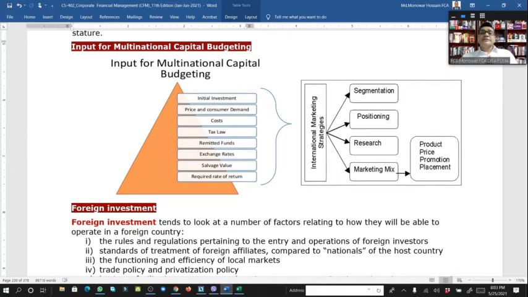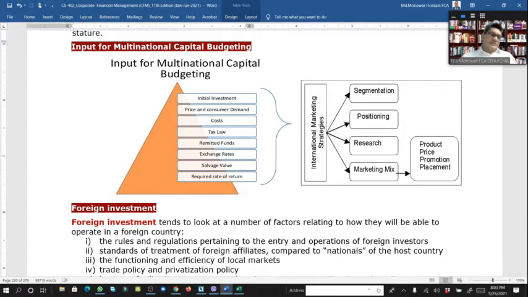So here they have to think about the initial investment, price and consumer demand, what the cost would be, tax law, remitted funds, how much money can be remitted from one country to another, what the tax rate would be, exchange rate, and salvage value problems.